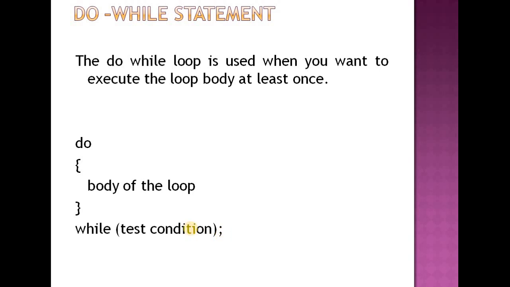In the while statement we write the condition first and then the body of the loop, but in this case we write the body of the loop first and then the test condition. So when we are exiting from the loop we are checking the condition. That is why the do while statement is an exit controlled loop.